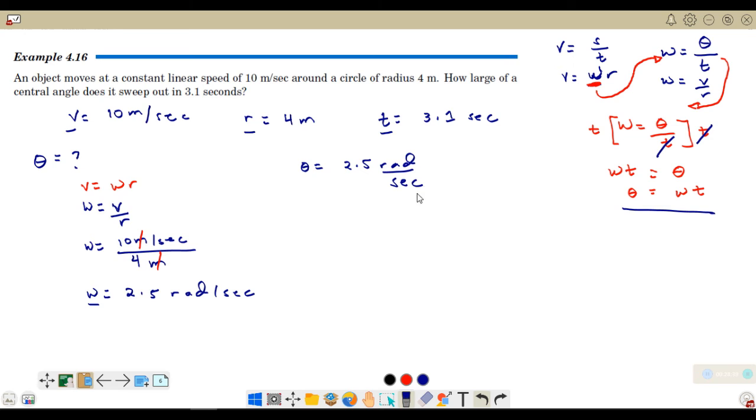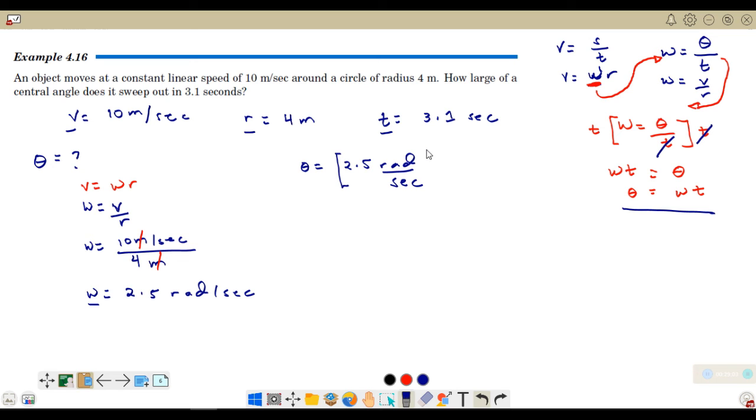Dito ko muna siya isusulat para makita nyo ng maayos yung interaction ng mga units natin. So, imbis na isang diretso siyang line, radian slash second, ginawa ko siyang radian over second. Parehas lang naman yan. Gusto ko lang na mas malinaw nyong makita yung interaction ng units natin.